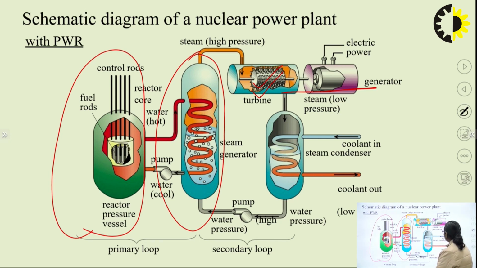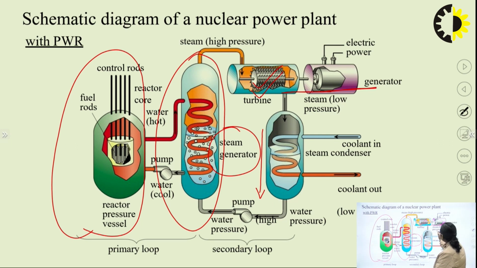electrical power, right? The steam output of the turbine, after rotating the turbine, the steam comes out. The steam is condensed. It gets converted into water. That water is again sent to the steam generator, where the generation of steam again takes place.